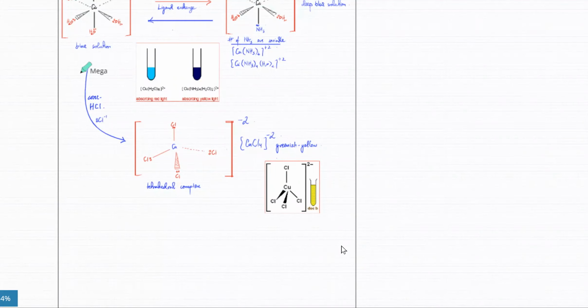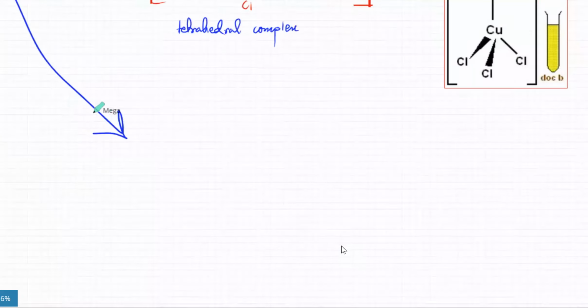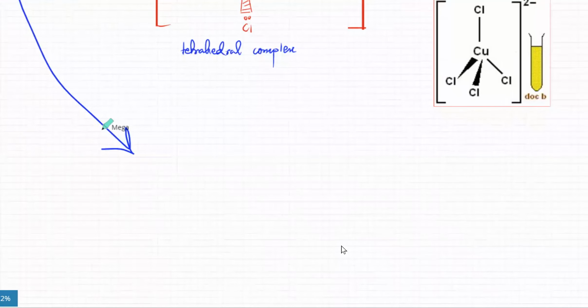Now with OH ions, again you've got copper +2 in the middle.